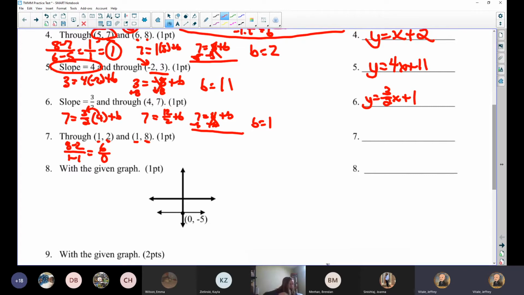What kind of line are we talking about here? Undefined. Very good, undefined. It's a vertical line when the 0 is in the denominator. So if our slope is undefined, what do you notice about the 2 points?